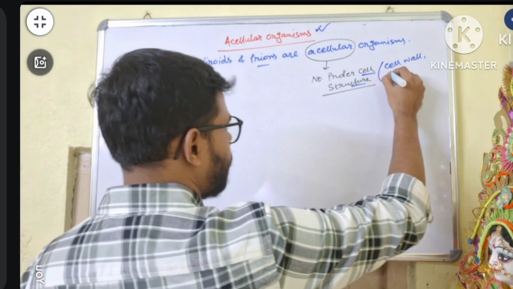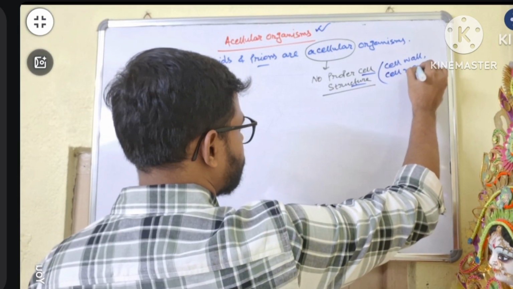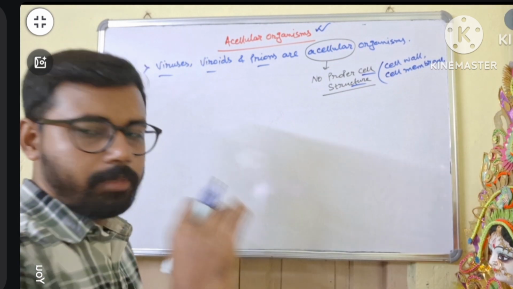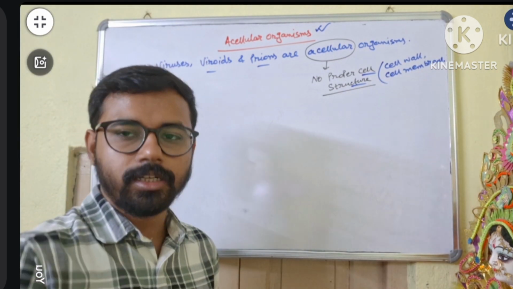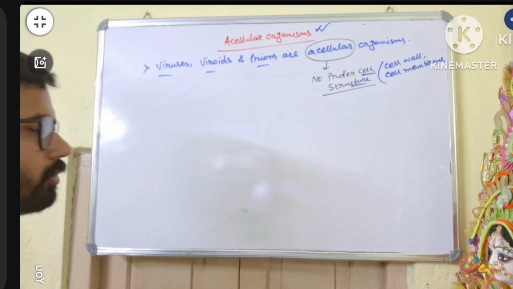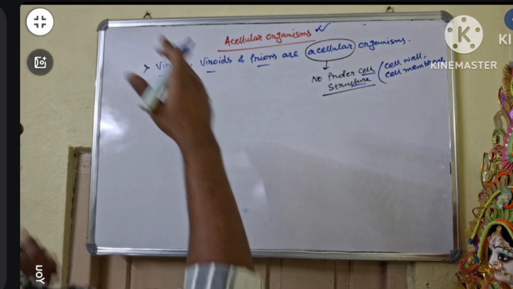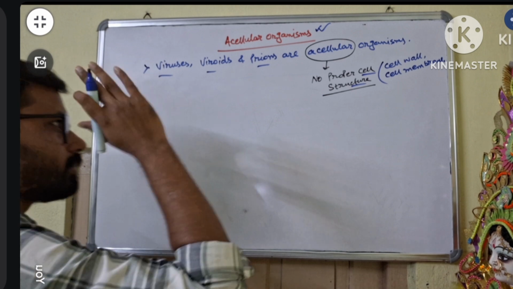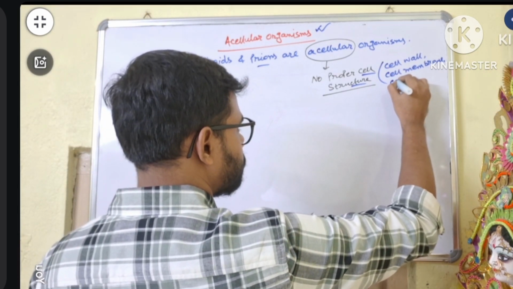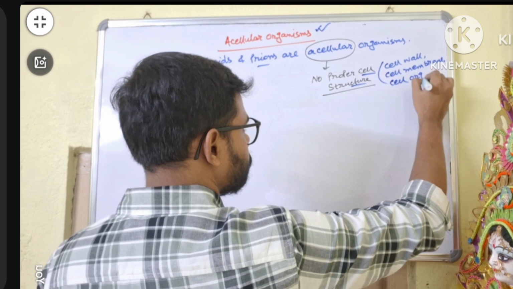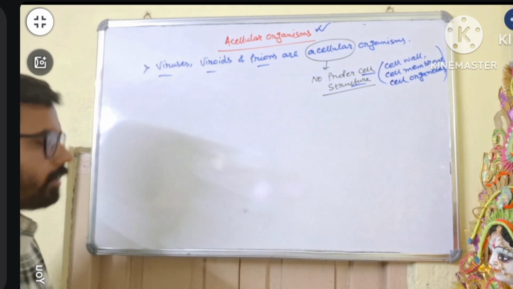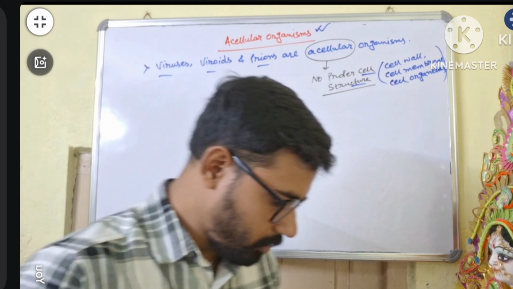Cell membrane is a very important part of a cell. It's basically used for the transport of nutrients. Cell membrane selectively transports some molecules, nutrients, etc. So they all lack cell wall, cell membrane, as well as cell organelles. That is why they are all acellular organisms.